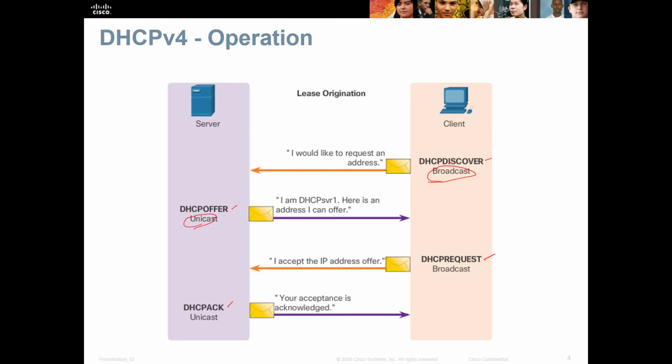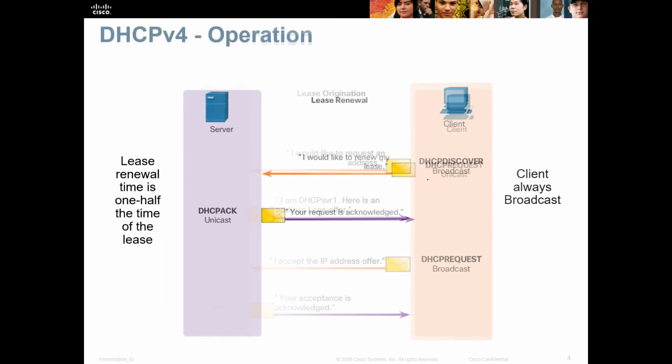Somebody answered, and that's the server. And those roles remain the same. Broadcast, unicast, because the landlord, the server, is talking to one person, one client, okay? So the client is always broadcast, and the server is always unicast, right?